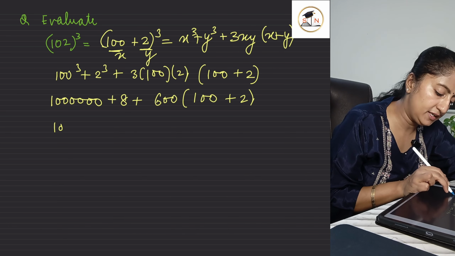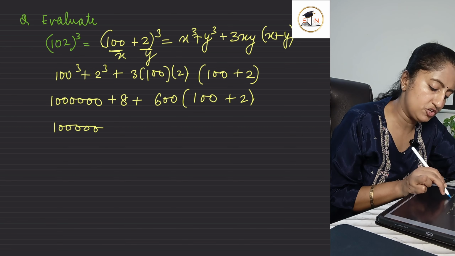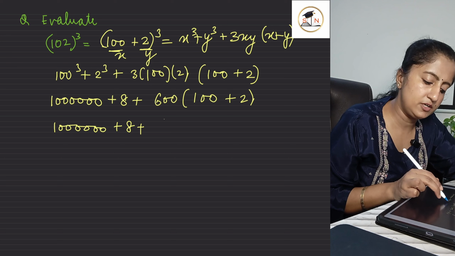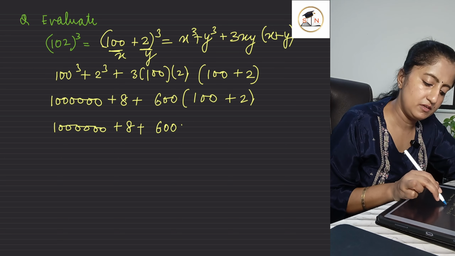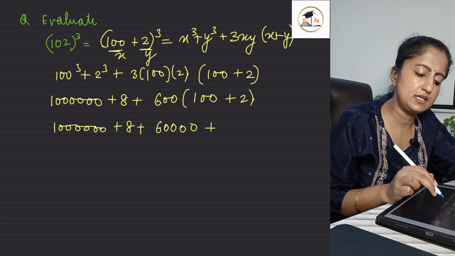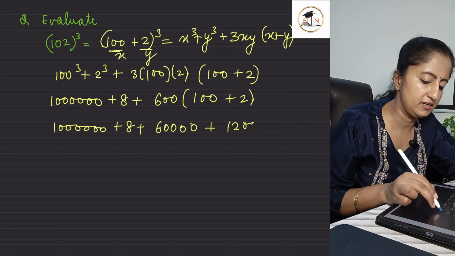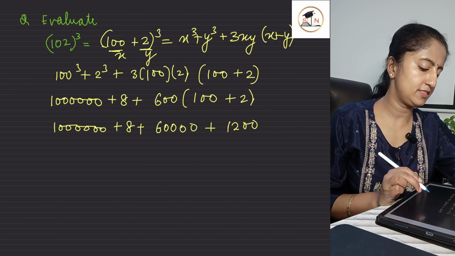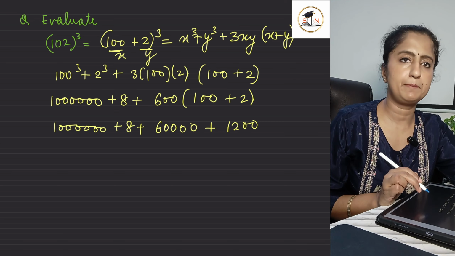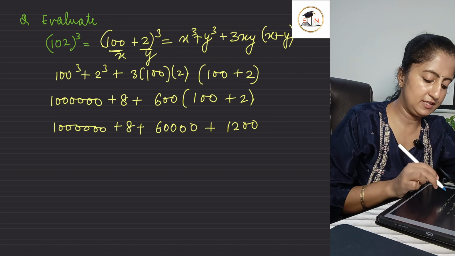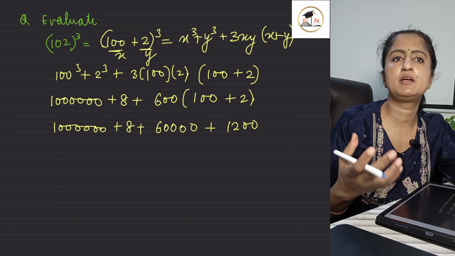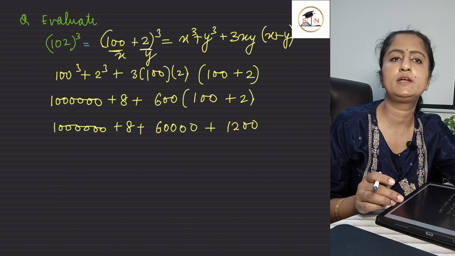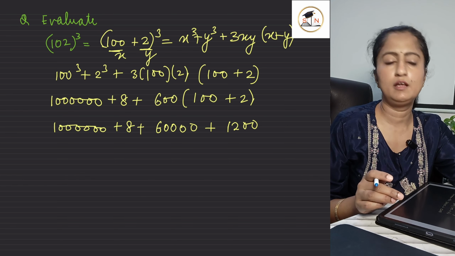So now repeating the zeros carefully, we should be having 6 zeros plus 8 plus 600 into 100 gives us 60,000, right? And then 600 into 2 gives us 1200. See, you could have written 100 plus 2 as 102 and then multiplied with 600. It is absolutely the same. But I feel that when we have more zeros, the calculations become easier. We can just calculate horizontally also without getting into vertical addition in rough.